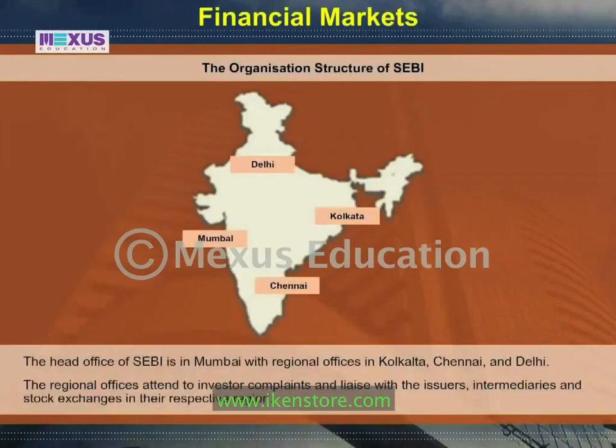The head office of SEBI is in Mumbai with regional offices in Kolkata, Chennai and Delhi. The regional offices attend to investor complaints and liaise with the issuers, intermediaries and stock exchanges in their respective region.